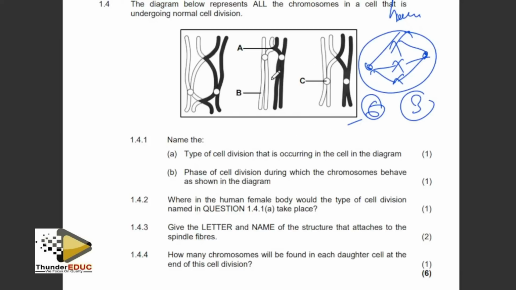How many chromosomes are you seeing here? This is chromosome 1, 2, 3, 4, 5, 6. Because they are still under meiosis 1, at the end of this cell division it will be half the chromosome number, whereby 1, 2, 3, 4, 5, 6. So it means that the answer is going to be 3.